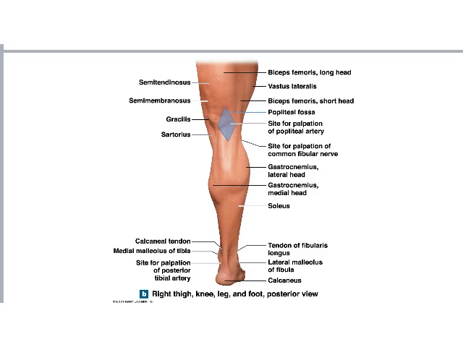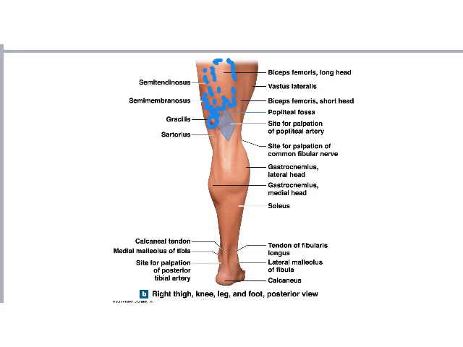Okay, this is giving us a posterior view of the leg now, and you can see the hamstring muscles in the back. Biceps femoris is going to be the one that's kind of easiest to see here in the middle. Semitendinosus will be kind of next to that, and semimembranosus will be a little bit deep to those.